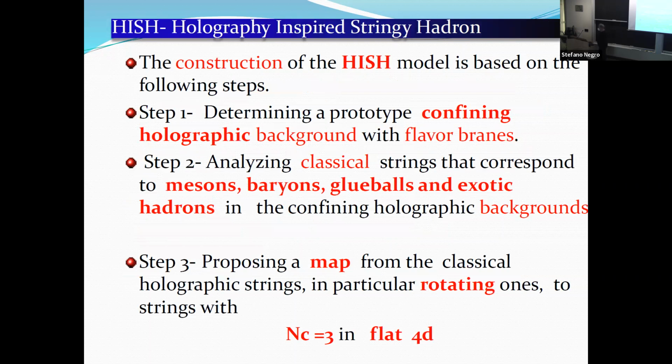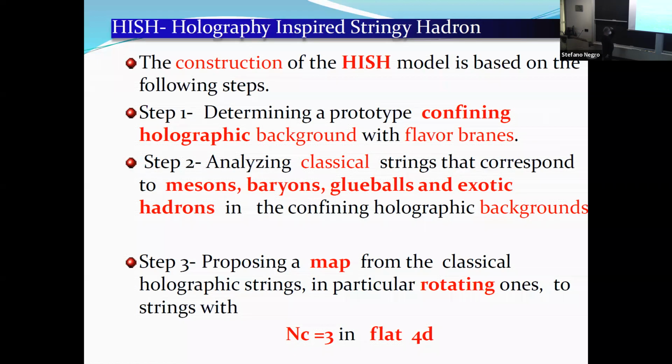So the construction of the model is based on the following steps. The first step is to determine a prototype confining holographic background. Everybody here is familiar with the AdS5 x S5. This is not a confining background, so the question is, how do you deform it to get a confining background?